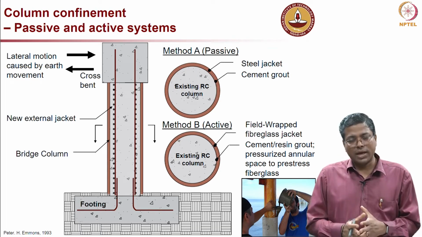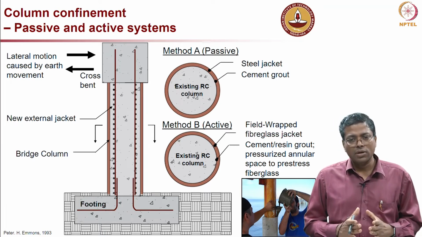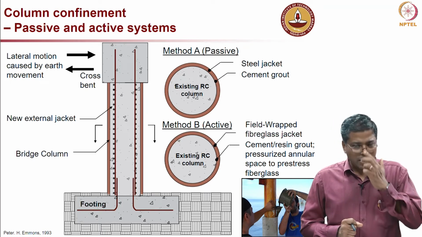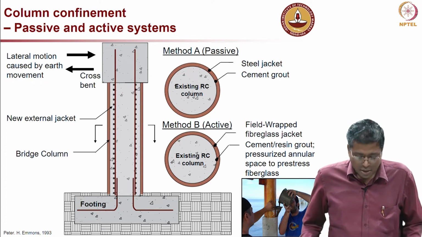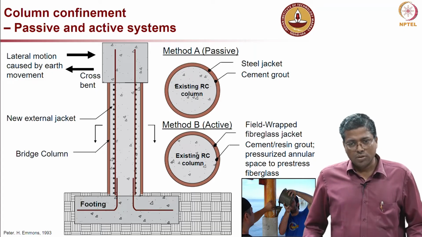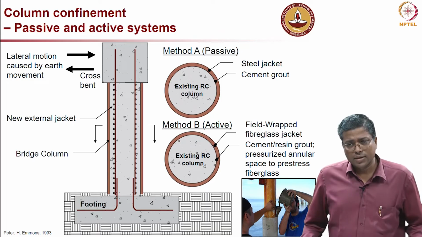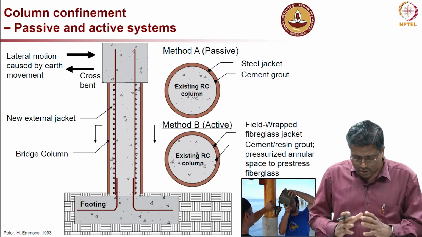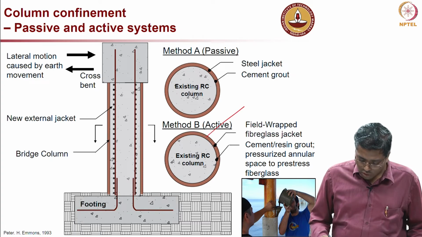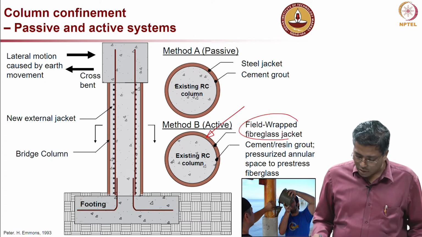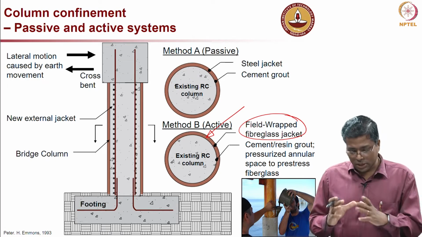So, once they are placed in between the RC column and the steel plate, if they have an expansive nature, they will try to fill the space and be under pre-stress, or it will provide that stress to the system. So, in the active case, usually we go for a fiberglass wrap or a fiberglass system, not a steel pipe.